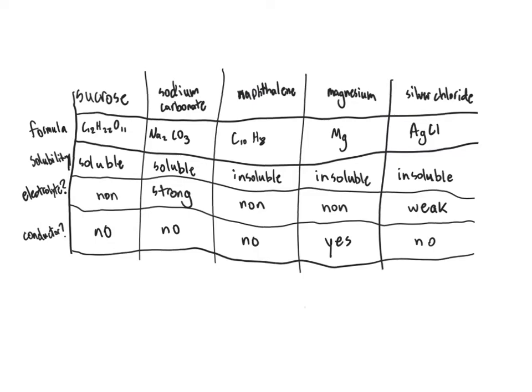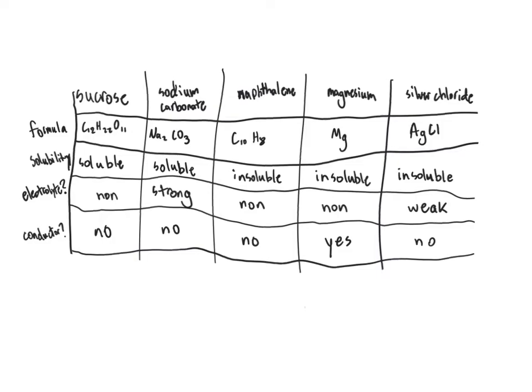I'm going to use the highlighter tool so that I can show you how all this information will lead up to us being able to differentiate each likely chemical and how you could tell them apart. So after the formula, the first row is solubility.